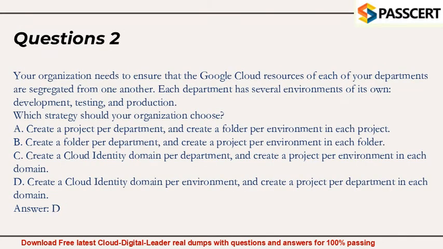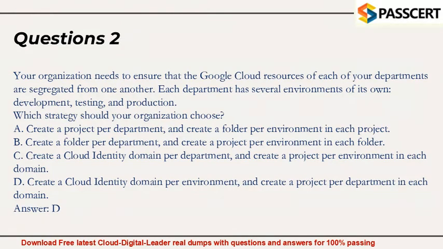Question 2. Your organization needs to ensure that the Google Cloud resources of each of your departments are segregated from one another. Each department has several environments of its own: development, testing, and production. Which strategy should your organization choose? A. Create a project per department, and create a folder per environment in each project.